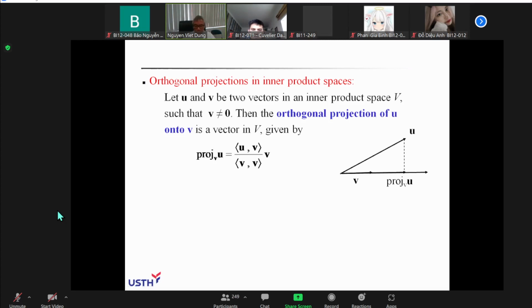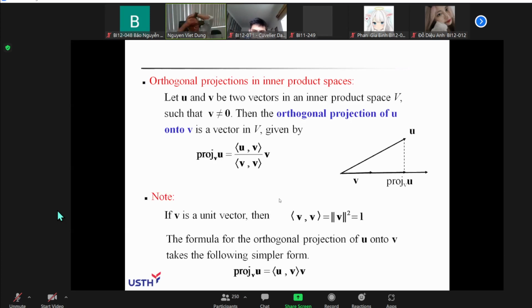Or you can consider it is a vector going from the origin to that point. And it will be a multiple of V because it lies on the straight line containing V. So the multiple is that number. That is the meaning of the formula.